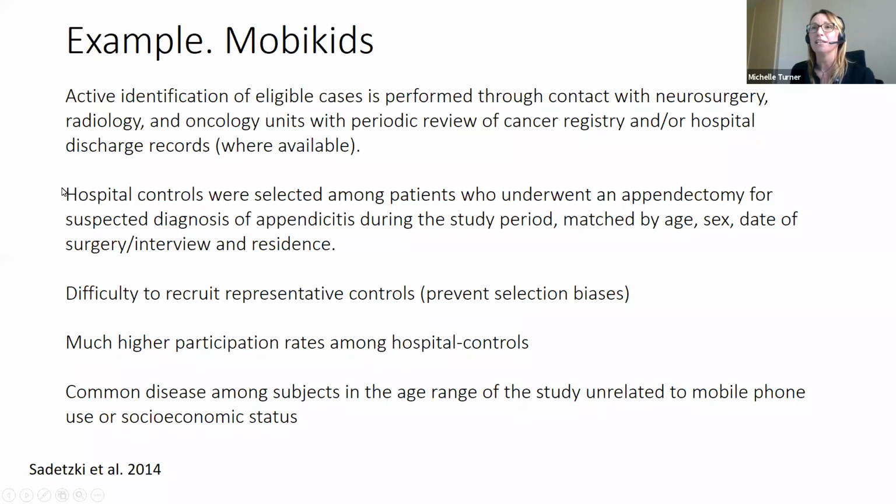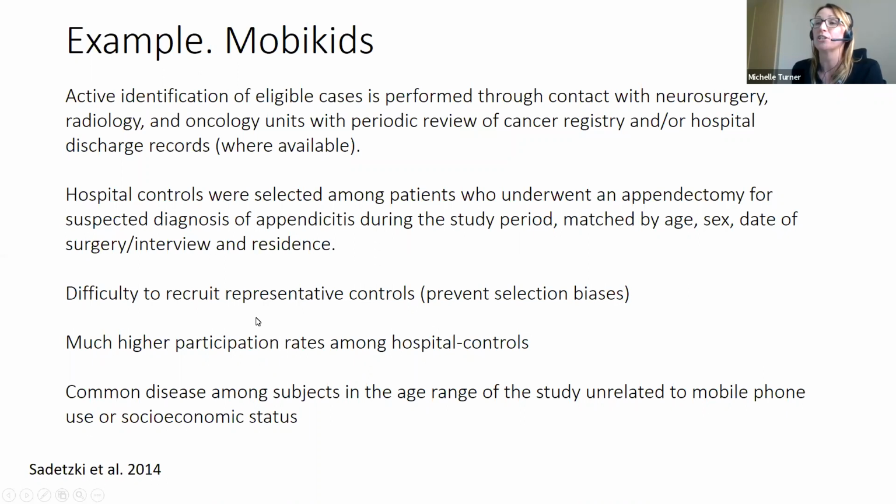In this study, instead of selecting general population controls, because they had a lot of evidence that the response rate was going to be low, and they wanted to avoid selection biases as much as possible, they decided to use hospital controls: children who had an appendectomy for suspected appendicitis during the same study period.